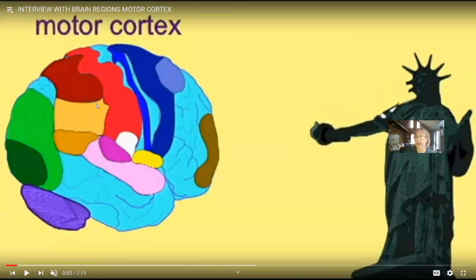You could also see this with EEGs and MRIs in stroke victims. So what's the effect of a stroke? Well, that depends on which part of the brain you damaged. If I were to damage part of the motor cortex, I would lose the ability to voluntarily move muscles.